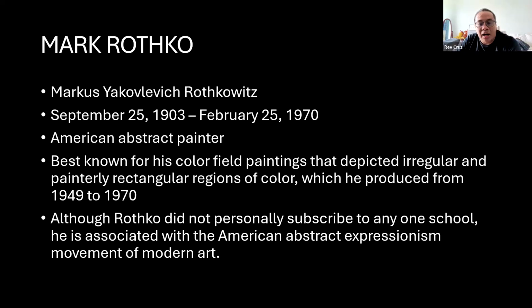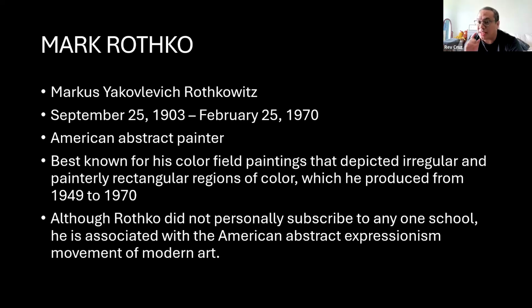Although he is an American abstract painter, he emigrated from Russia. As I've been saying, he is known for his color field paintings, but that's only a style that he began working on in the latter part of his life.